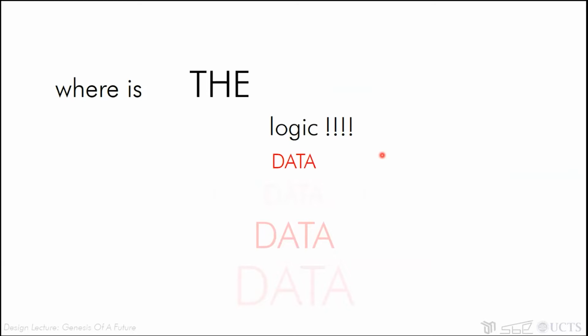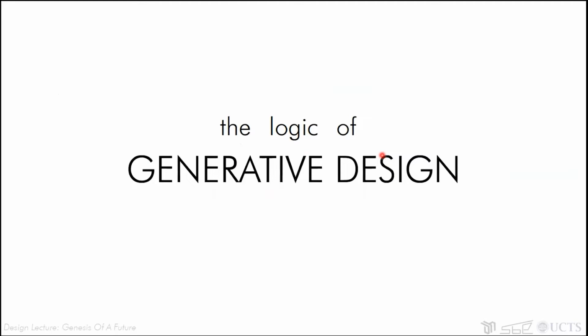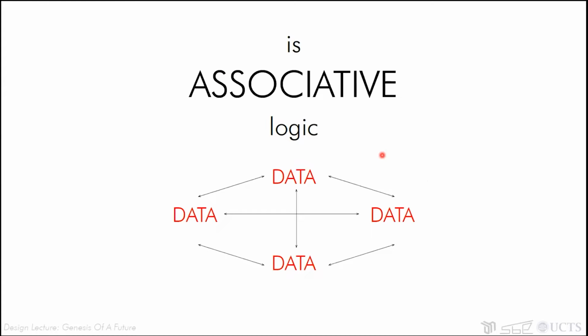So what is the logic of generative design, and how is it going to help us? In a very simple and figurative way, associative design is different from additive logic in the way that data are managed. Instead of stacking data on top of each other, we let the data float free within our frame of logic.